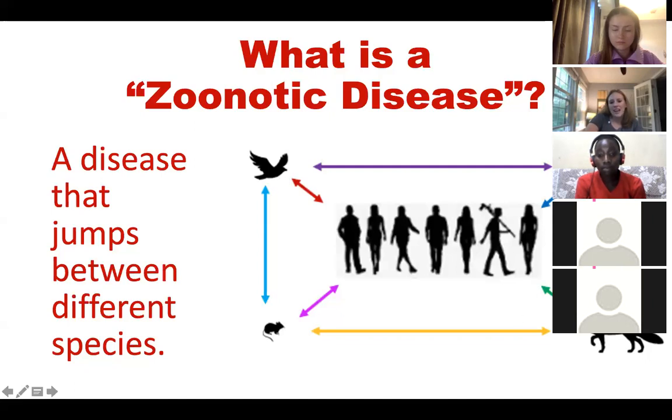Now, does anybody have an example of a disease that we could have gotten from an animal? Raise your hand if you can think of one. The bird flu. Bird flu, exactly.